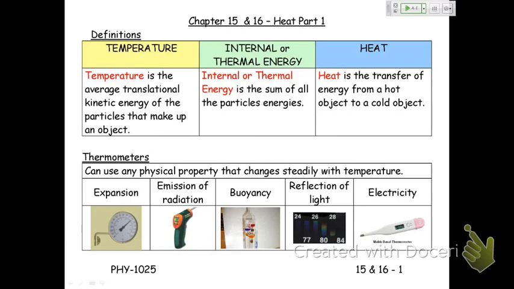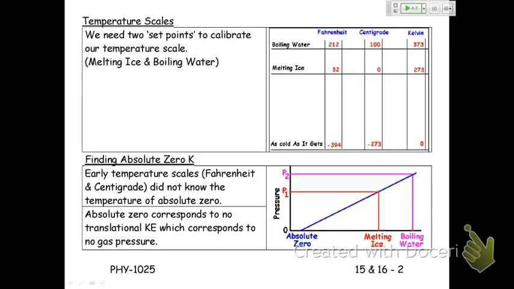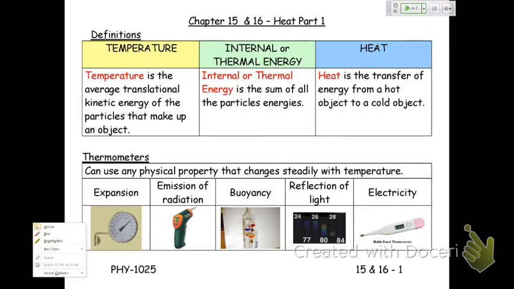If we say that the internal energy is the sum, the addition of all the particles' energies, so if you have 5 particles, I have 5 things added together. 1,000,000 particles, 1,000,000 things added together. Temperature is the average kinetic energy of the particles that make up the object. So take the total amount of energy and divide it by the number of particles, basically.